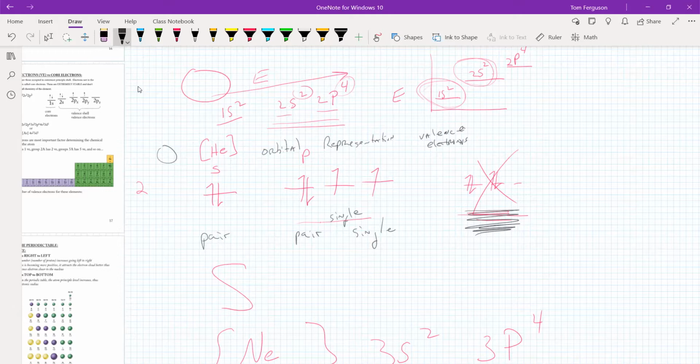Hopefully you can start to see a pattern here of why the chemistry is so unique to these groups. Everyone in the group has the same valence orbital configuration, hence the chemistry is the same.